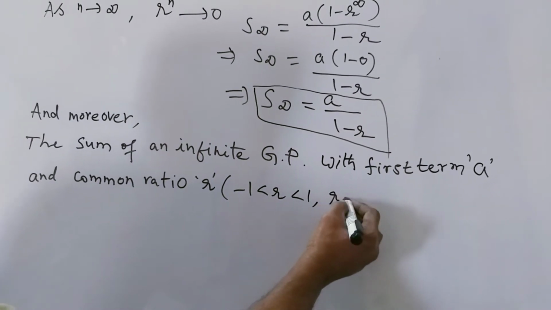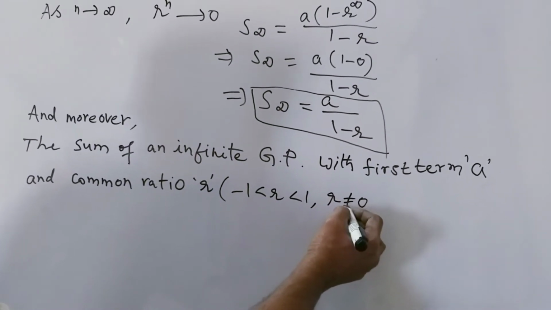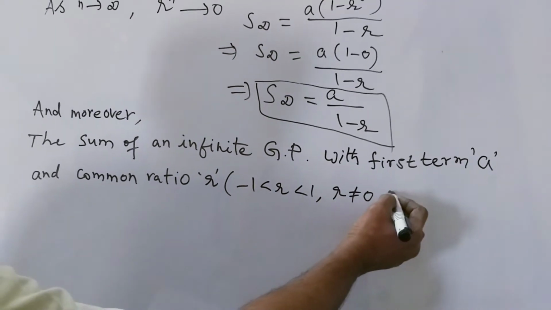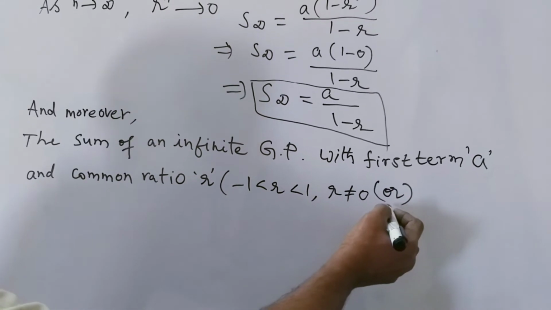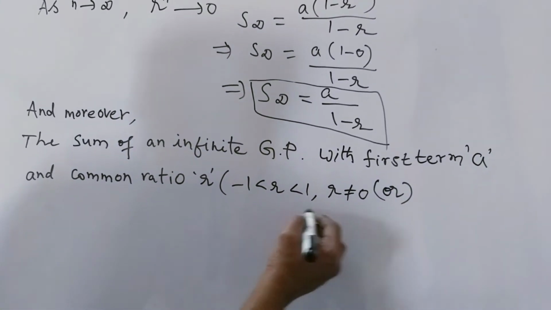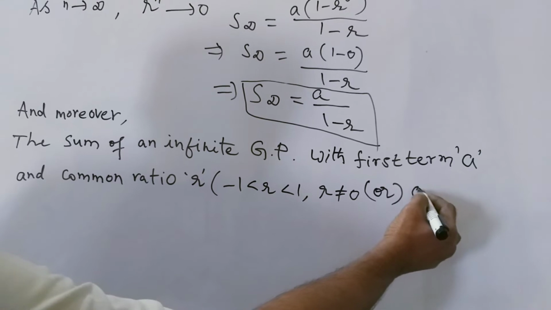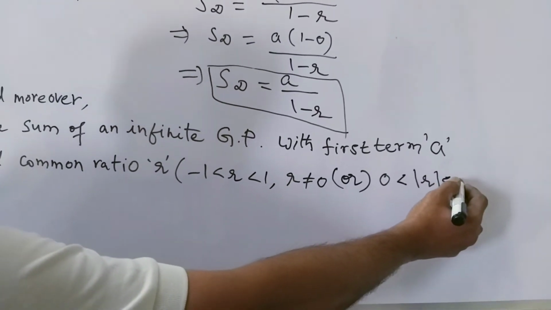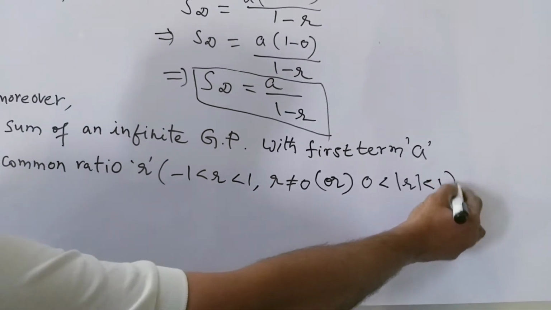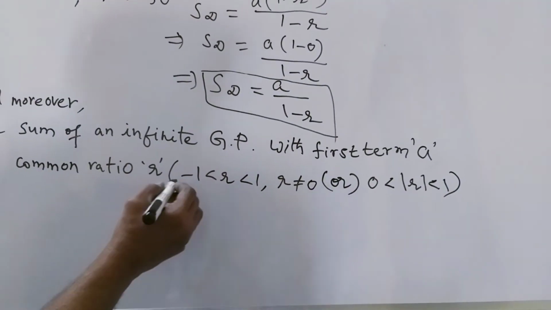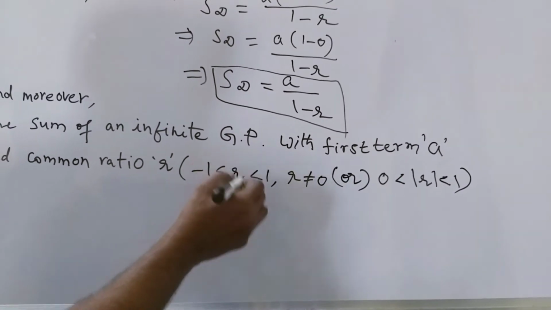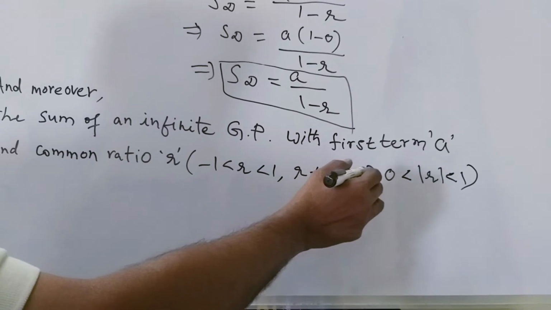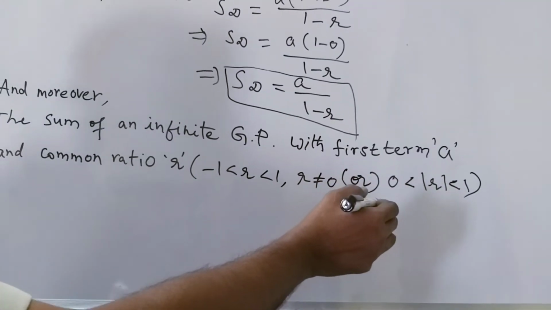And one more is there, r does not equal 0. That means here r should not be equal to 0. Common ratio should not be equal to 0. Or 0 is less than modulus r is less than 1.